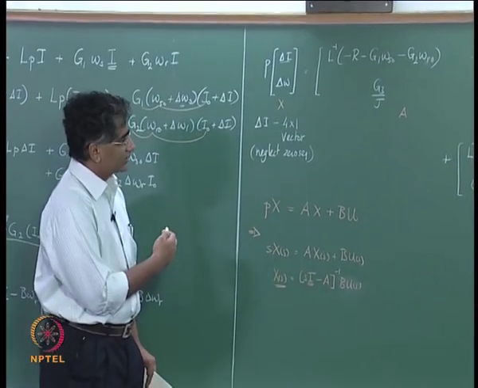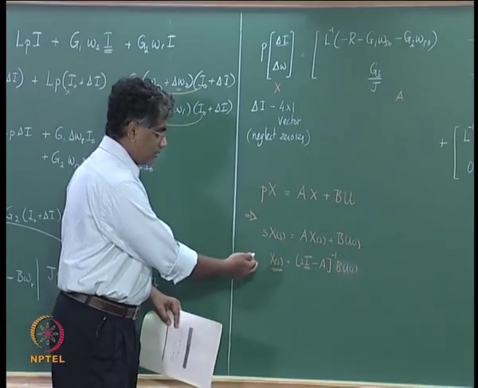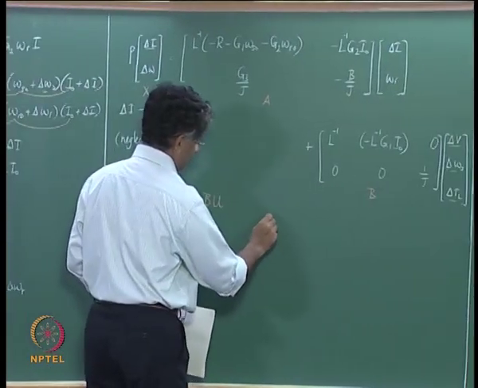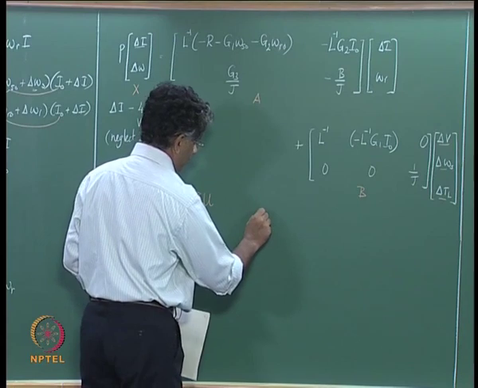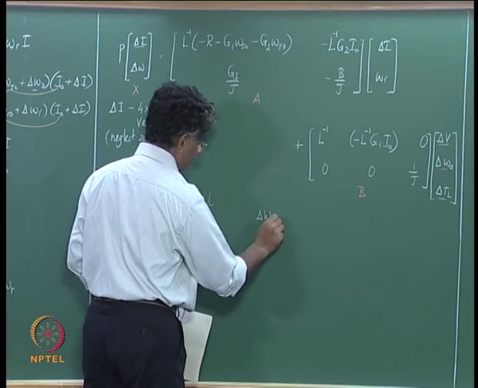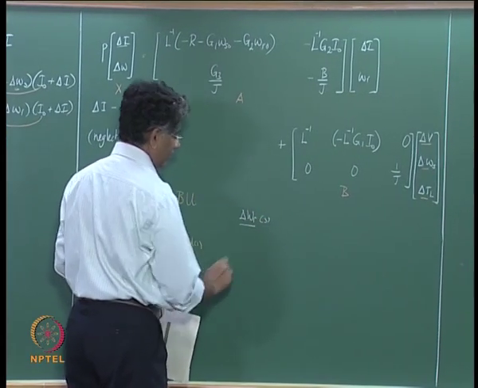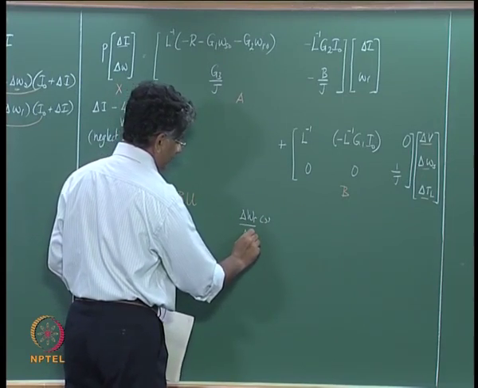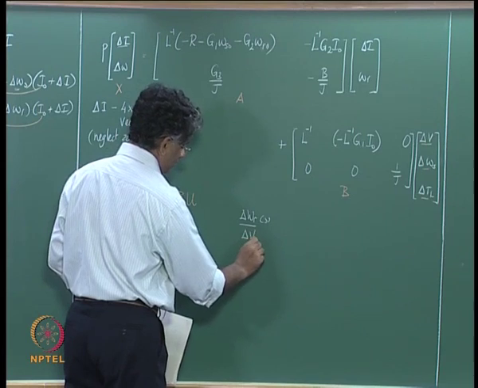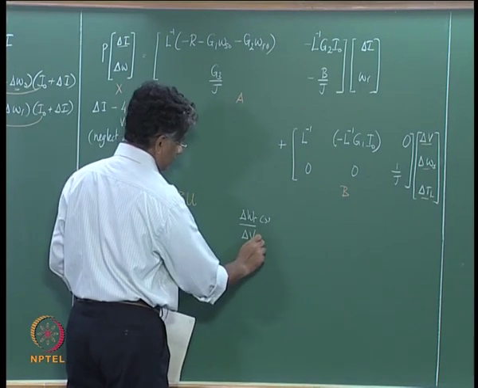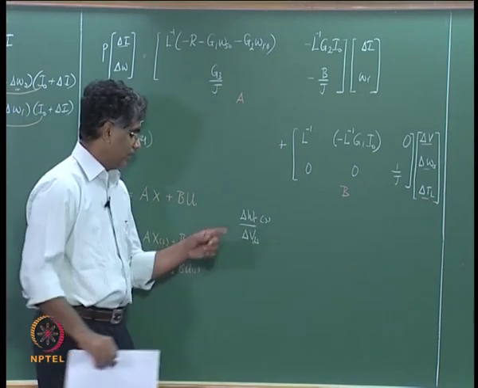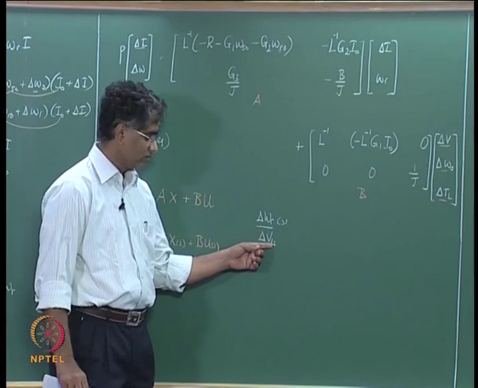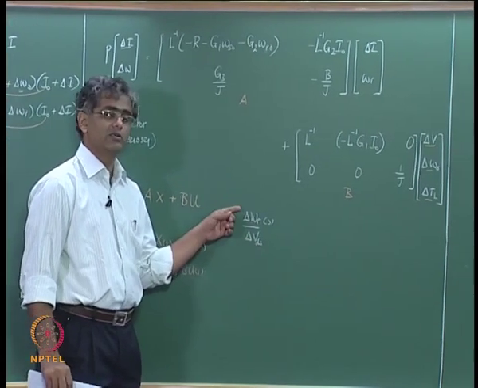So this is small signal analysis. One can then go about deriving the relationships between, for example, delta omega r of s, how it is going to change with respect to, let us say, delta v d s. That means the stator d axis input, if you change that, what happens to delta omega r.